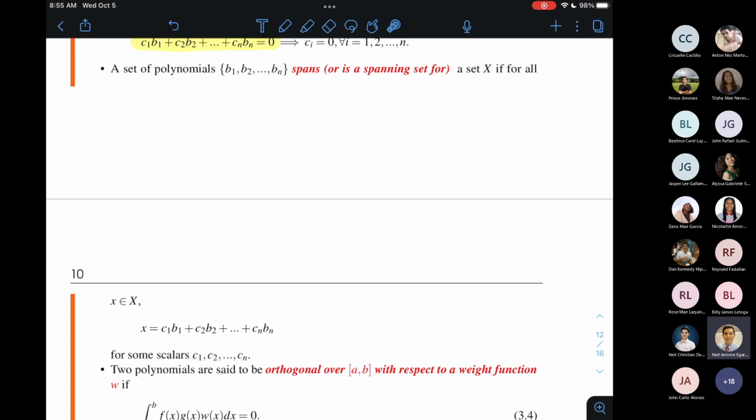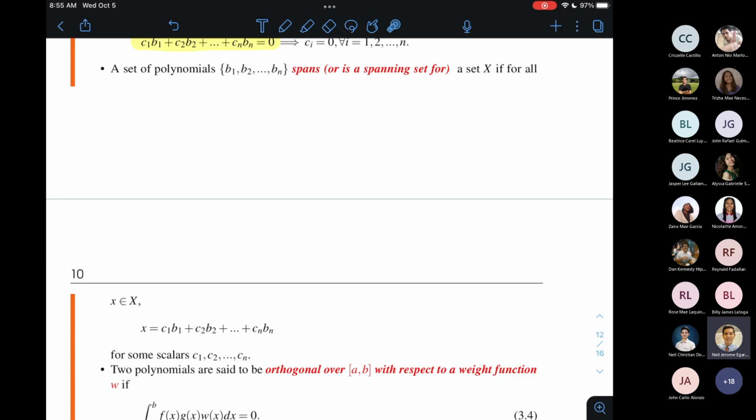Alright? So parang siya yung building block ng buong set X, sila yung mga building blocks ng buong set X. Alright? Because any element in the set X can be written as a linear combination of the b sub i's. Alright? So ito yung pagiging spanning set.